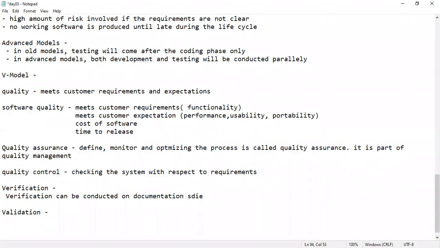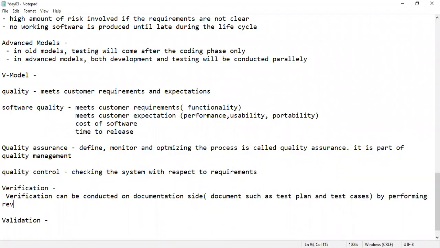Those are the documents such as test plan and test cases, by performing reviews, inspections, and walkthroughs.